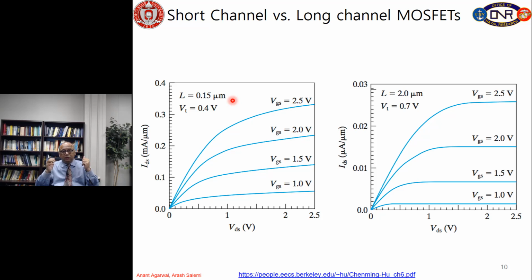So there has been a tremendous progress in making these MOSFETs over the last 40 years or even 50 years, where the main trend has been the reduction of channel length and reduction of the gate oxide. And therefore, we make the transistor smaller and smaller and we get more current out of it.